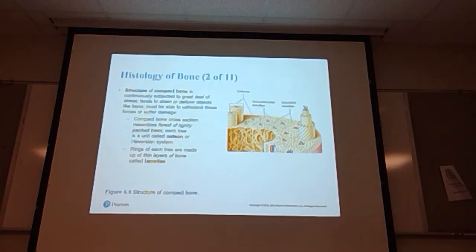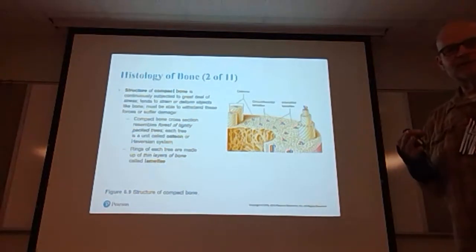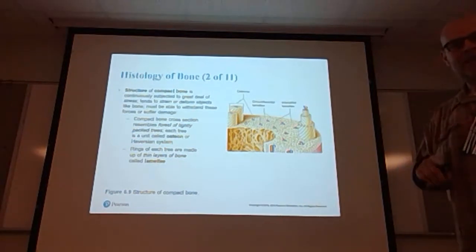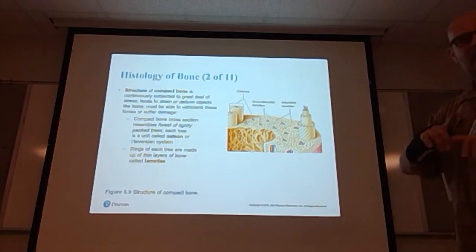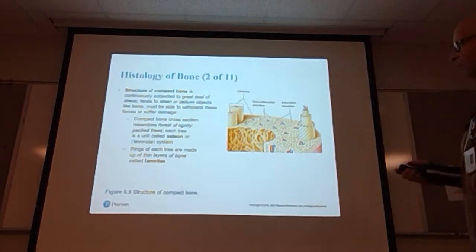Rings in each tree are made up of thin layers of bone called lamellae. If you've heard of something being laminated, that's what a layer is. If you're a carpenter, for instance, and you want to work with plywood, you know plywood is laminated, and it may have 7 layers or 9 layers or 12 layers, depending on the type of plywood you want to get. Each one of those layers then would be called a lamella.